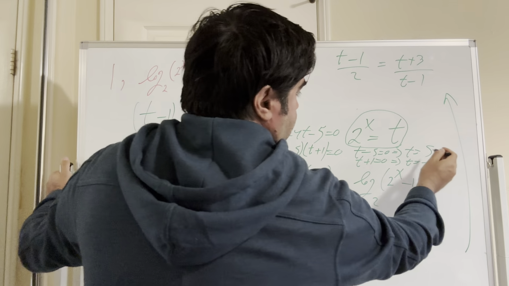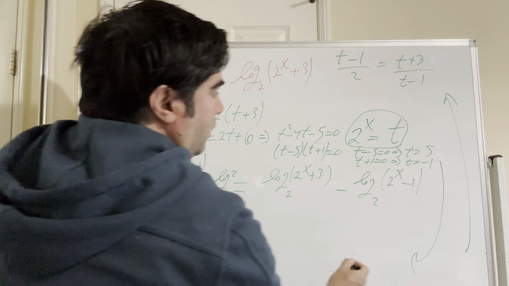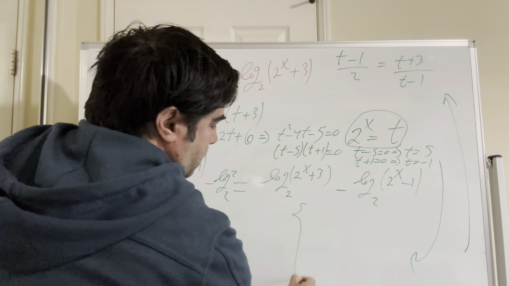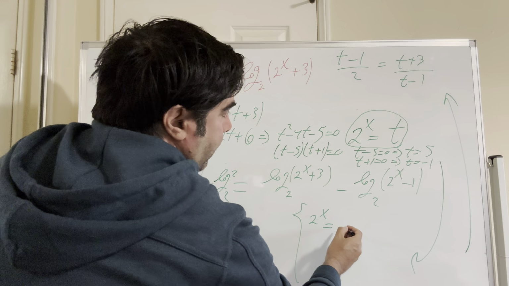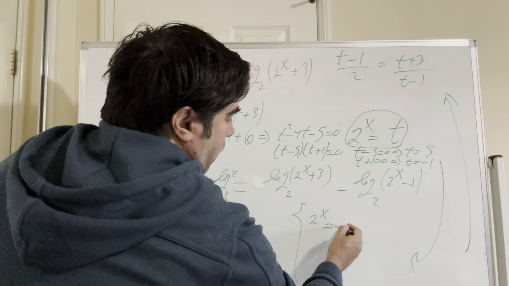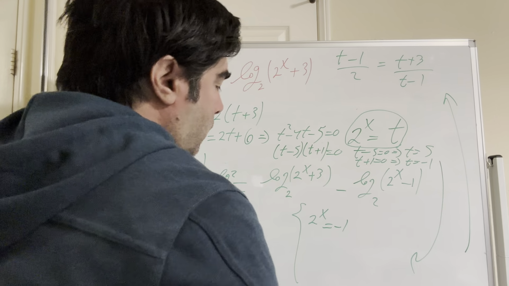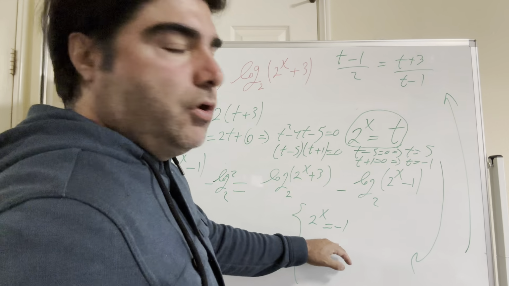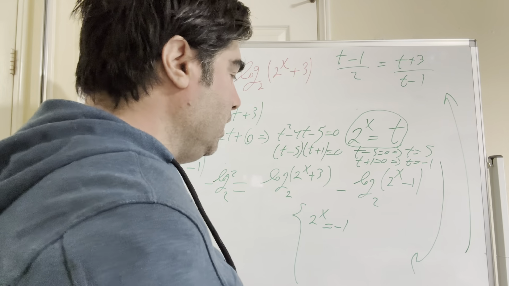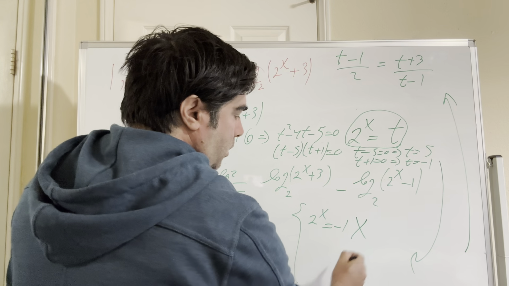The first is going to be 2 to the power of x equal negative 1. For any value you put in here for x, you will never get a negative number. So it's always positive. So this is not acceptable.